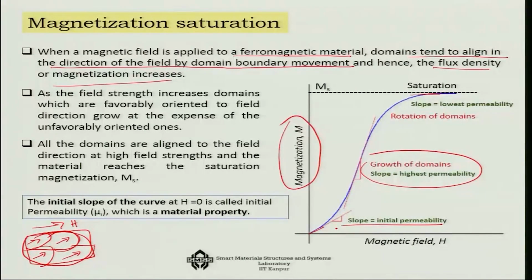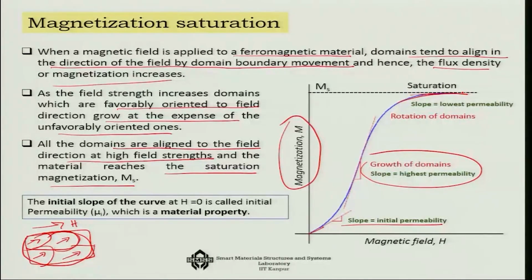But beyond a certain point, all the domains that are favorably oriented to the field direction grow at the expense of the unfavorably oriented ones, that is this point. Once the domains are aligned to the field direction at high field strengths, the material reaches the saturation magnetization MS, and then this whole activity gets saturated once again.